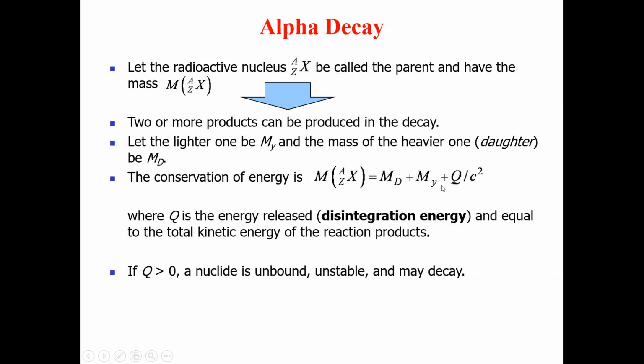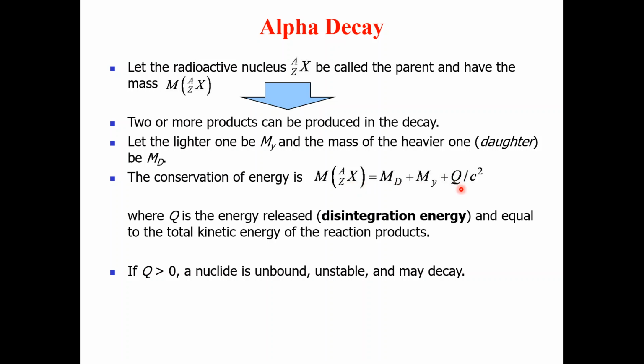So here we have something special for this Q, the disintegration energy. You should remember that if the value of Q is greater than 0, what would it mean? It would mean that a nuclide is unbound, unstable, and may decay. On the basis of this Q, we can predict the conditions for the parent nucleus.